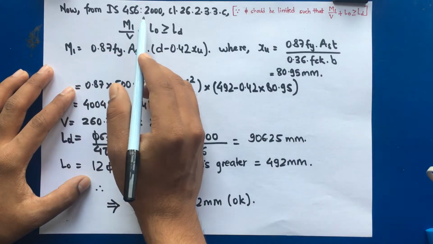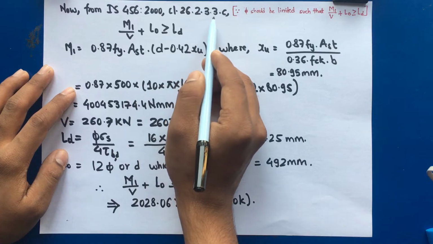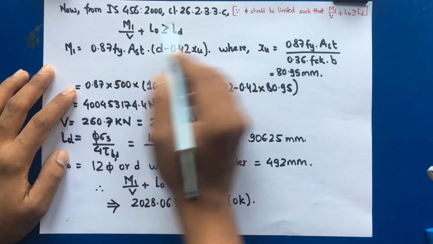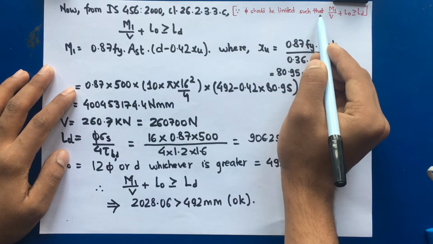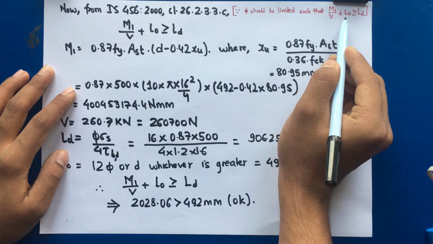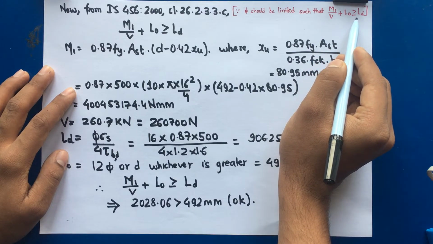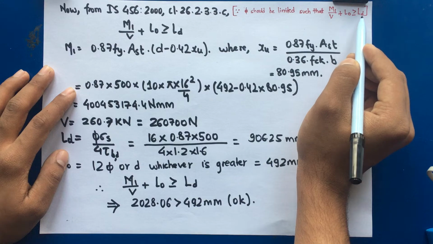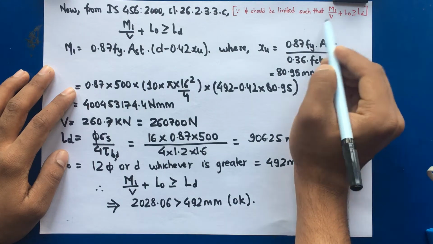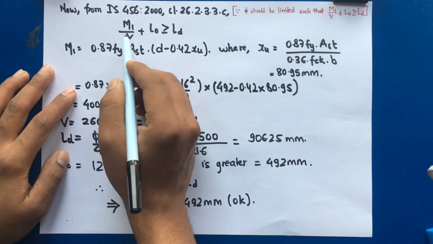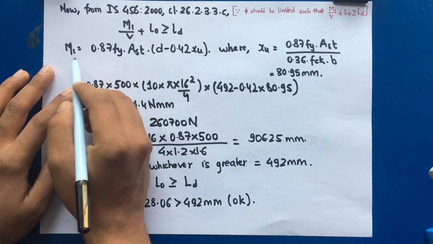So from IS 456:2000 clause 26.2.3.3c, the diameter of the bar should be limited such that M1 by V plus L naught should be greater than or equal to LD, that is, the development length should be smaller than this value. For which we have to calculate M1.